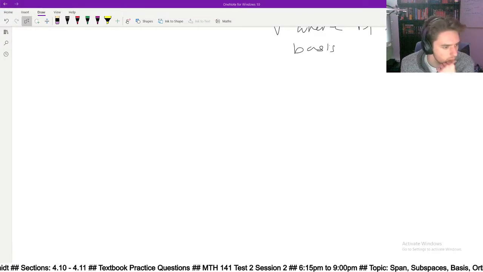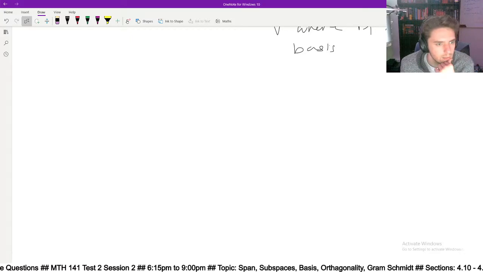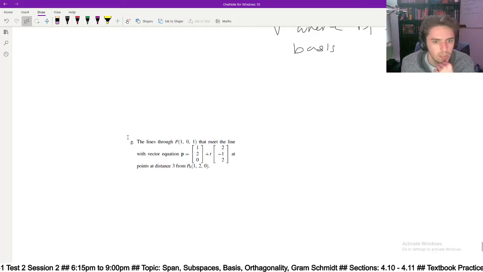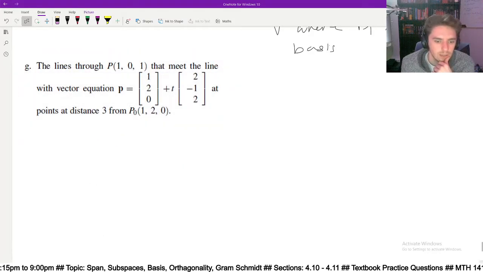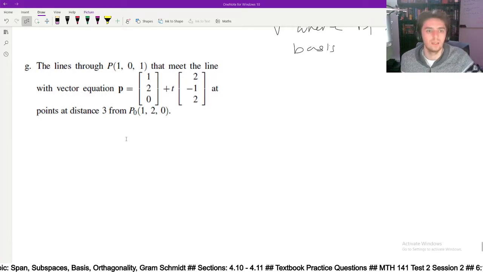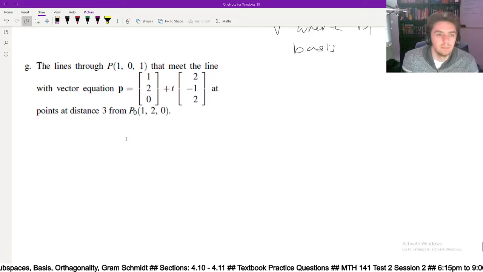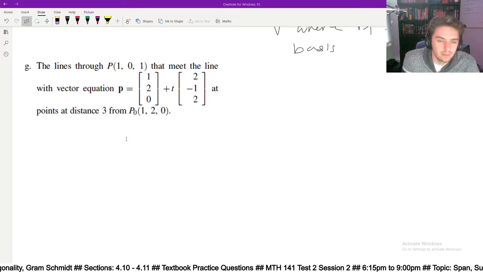Move that here. The question's asking us to write the vector and parametric forms of this line. So the line goes through that point and meets that line at a distance of 3 from that point.